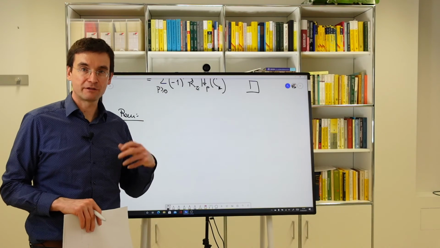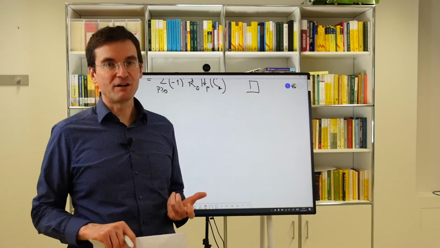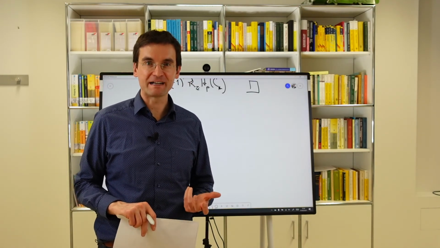So just for your amusement, I want to make a small remark here. I said before that from the Euler-Poincare formula, we immediately see that the Euler characteristic is a homotopy invariant. And the fact that it's a homotopy invariant can be exploited to solve combinatorial problems, which is very nice.